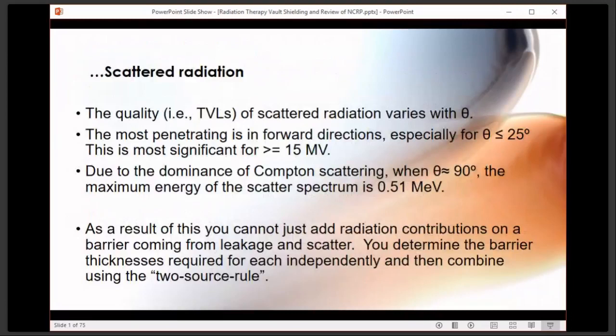The most forward directions, small scatter angles up to around 20, 25 degrees, give the most penetrating scatter radiation. And that is really important for the higher energy beams, because radiation that's scattered at the smaller angles can be as penetrating as the primary beam.